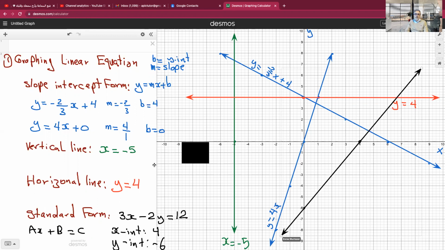There we go. So you just label this line as 3x minus 2y equals 12.